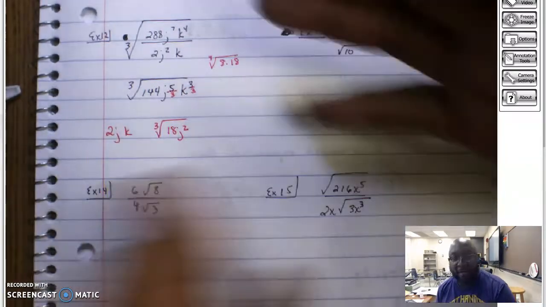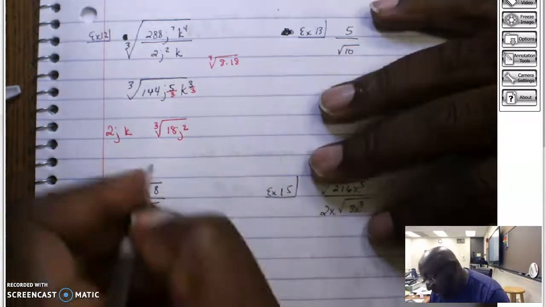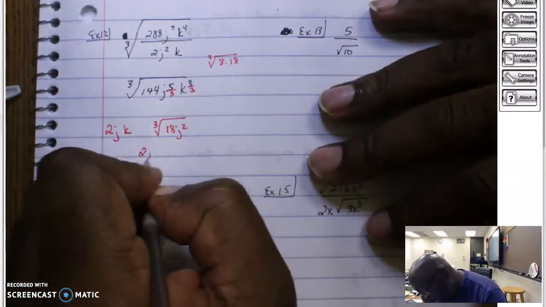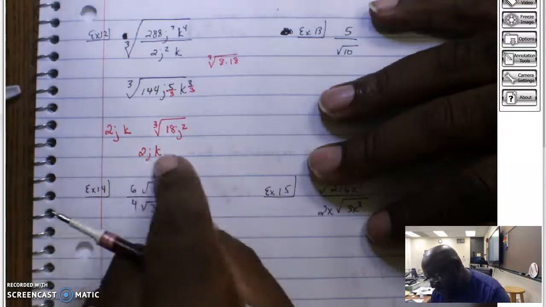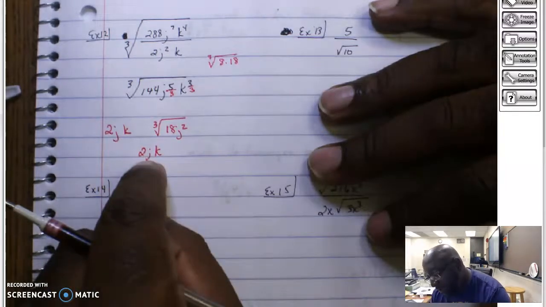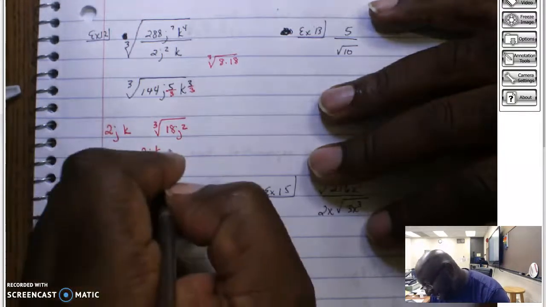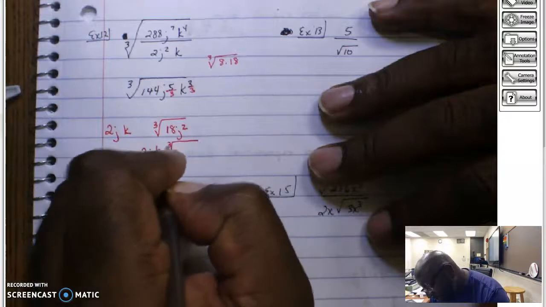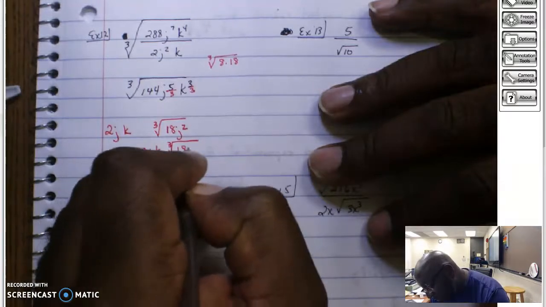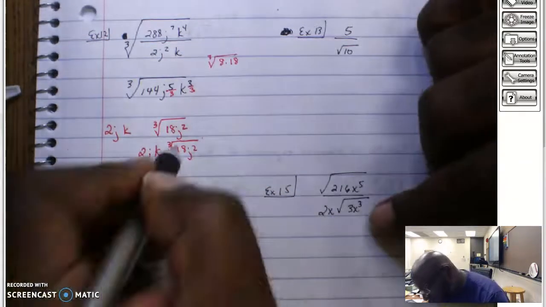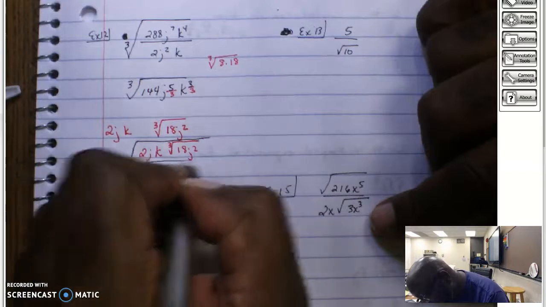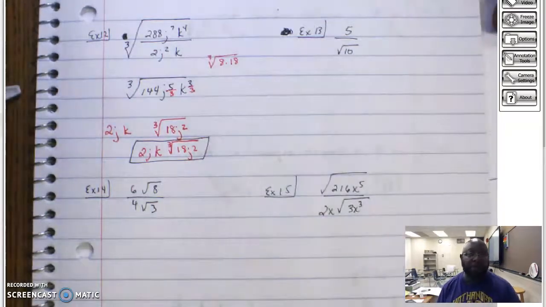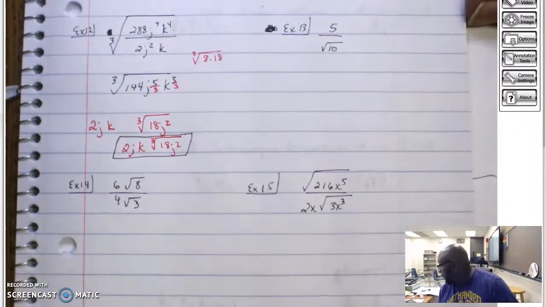And I know it's kind of spaced out, so I have to go in and rewrite it where I get it real close, and you know that this is multiplication. This is 2 times j times k times the cube root of 18j squared. And throw my little box around it, and that lets me know that we're done, and we're moving on to the next problem. All right, so what's my next problem?